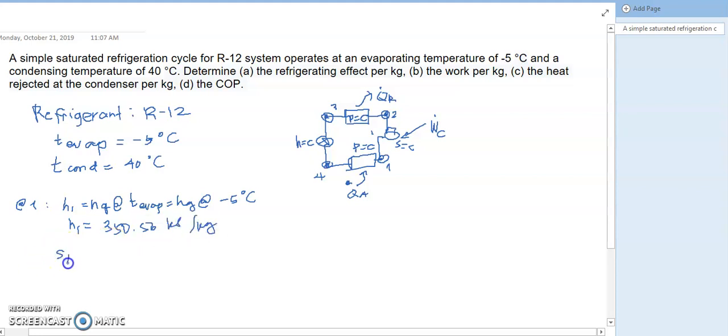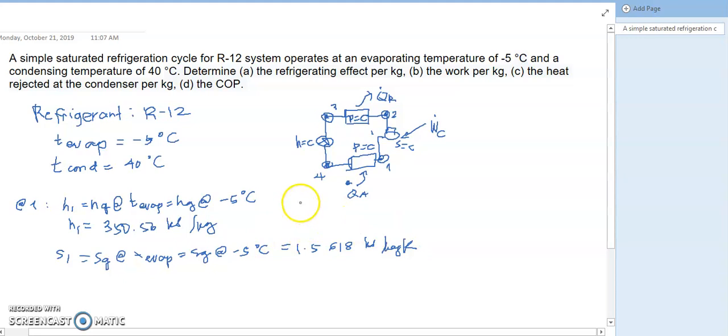Consequently, we are looking for S1, that is Sg, since it is saturated vapor at T evap. So, that is Sg at -5 degrees Celsius, which is 1.5618 kilojoules per kilogram Kelvin.